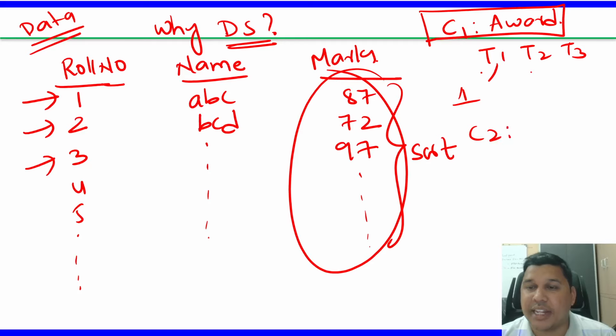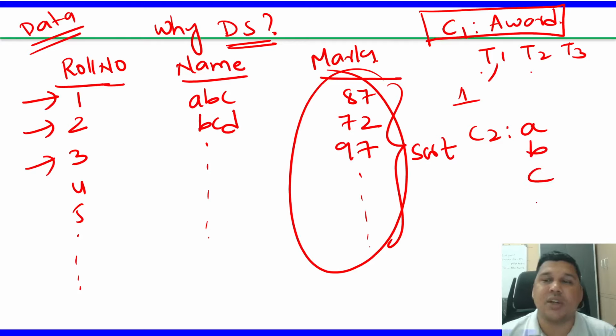I have another criteria, C2. What is that? I want to find out names of the students. I want to find out the number of students starting name with A, number of students whose name begins with B, whose name begins with C, whose name begins with D. This I want to find out.